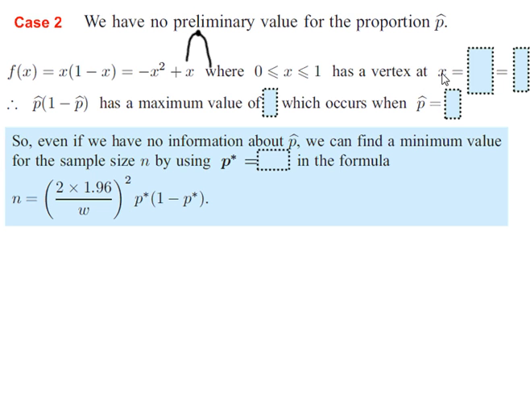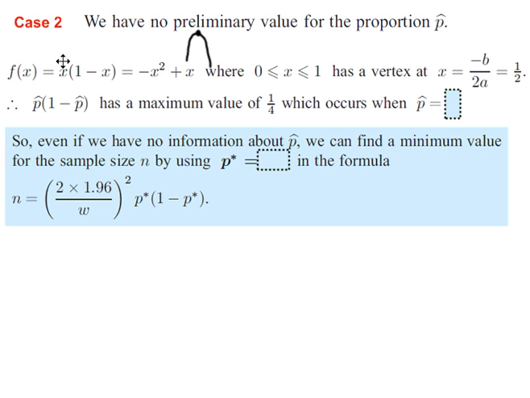For the vertex, look here at minus b on 2a, so minus 1 on minus 2. So this expression here, being quadratic in form, has a maximum value of a quarter.